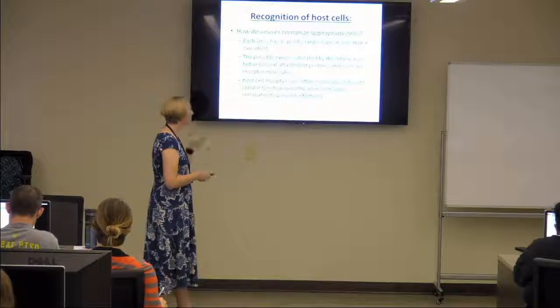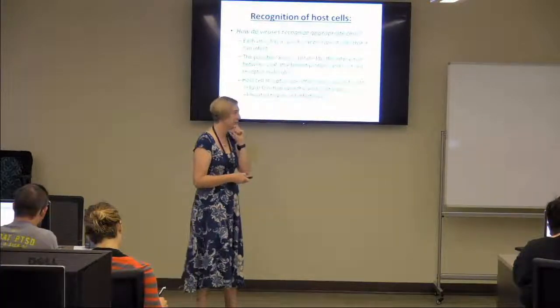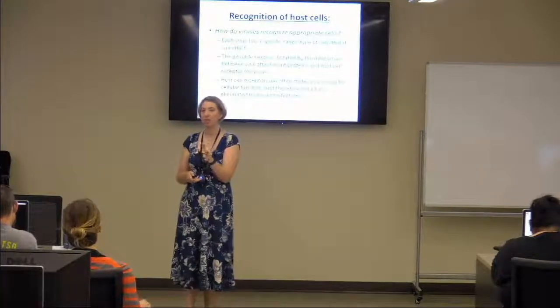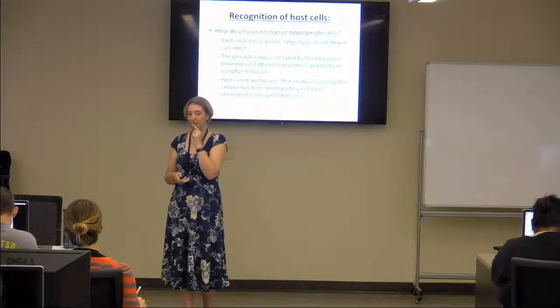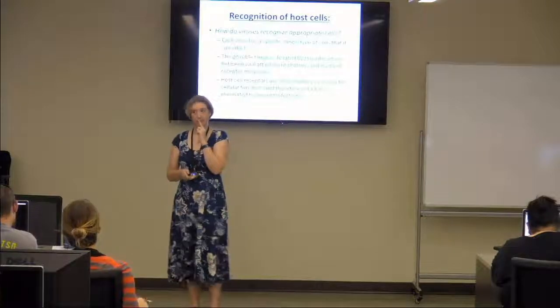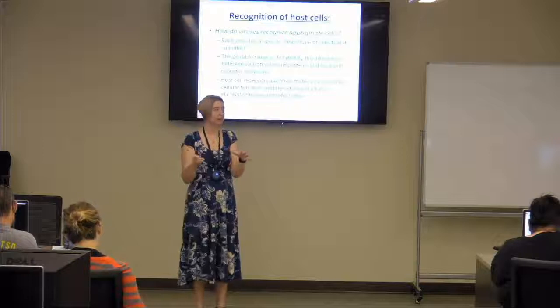So how do they recognize? All right, so as I said, they have specific ranges, and that all has to do with that first step of attachment. Right? They've got to recognize that cell. The crappy thing for our cells is it's usually a receptor that obviously we're using, right?